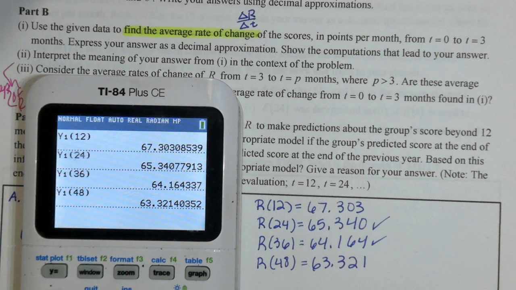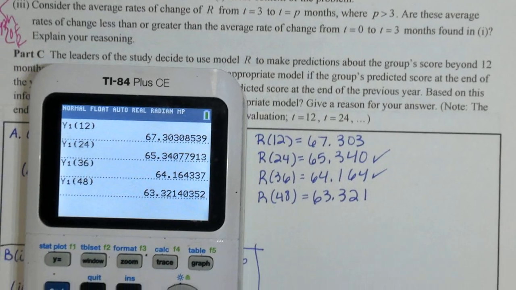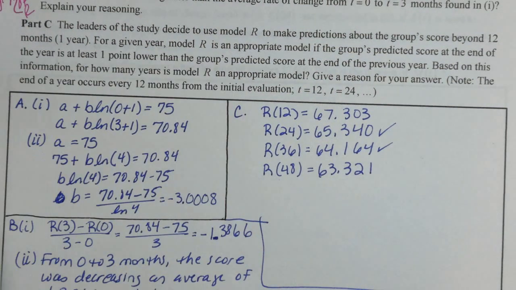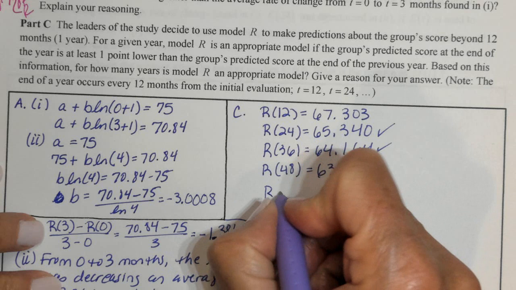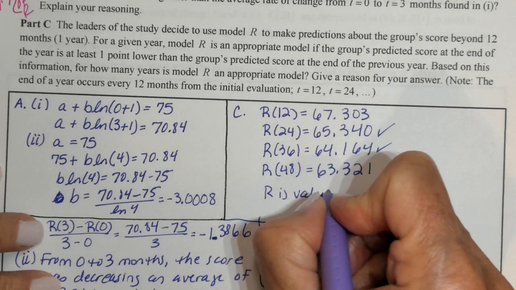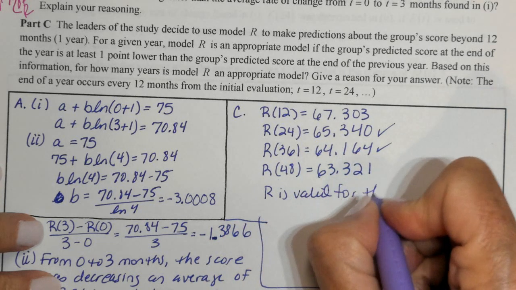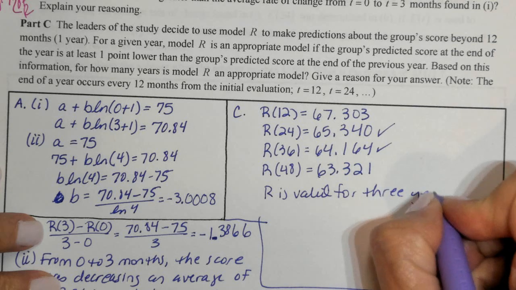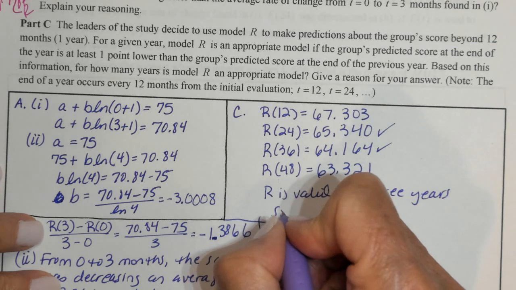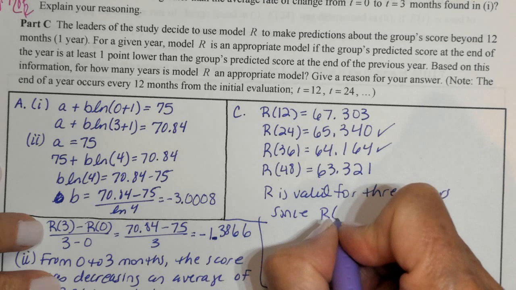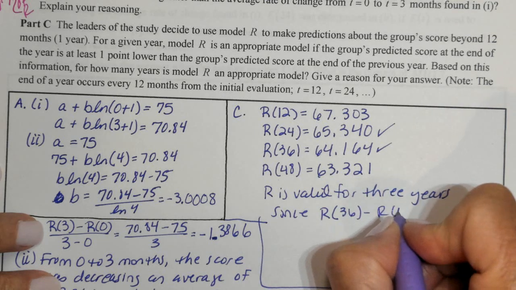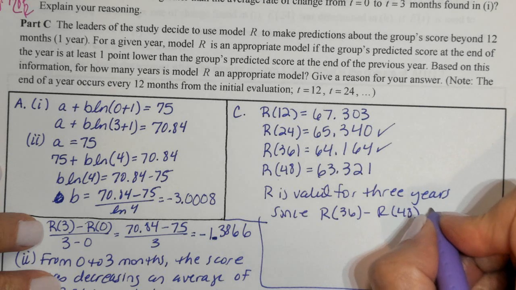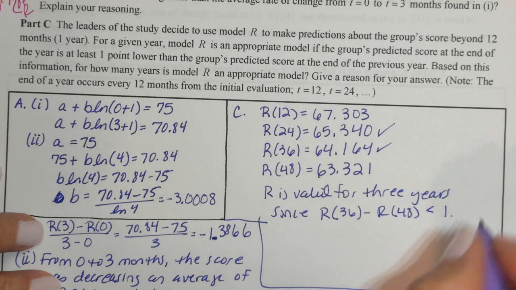Is it at least 1 point lower than the end of the third year? No, it is not. So R is valid for 3 years. Since R of 36 minus R of 48 is less than 1. That's what I would say, because we had to give a reason for our answer.